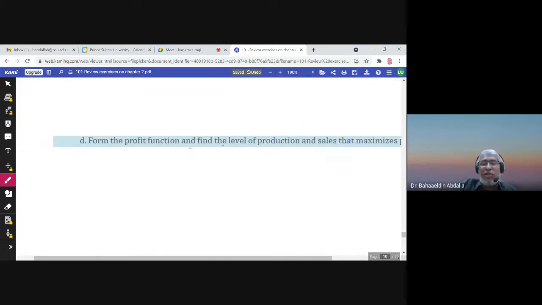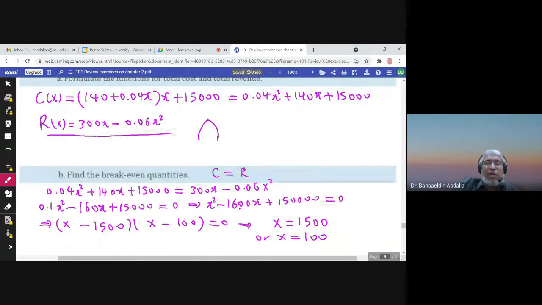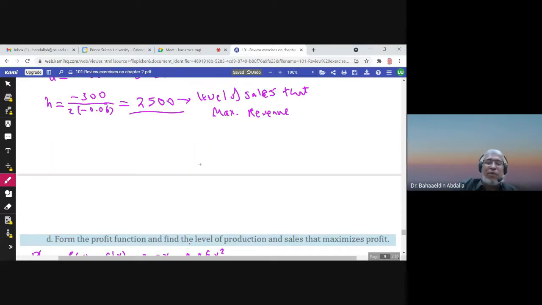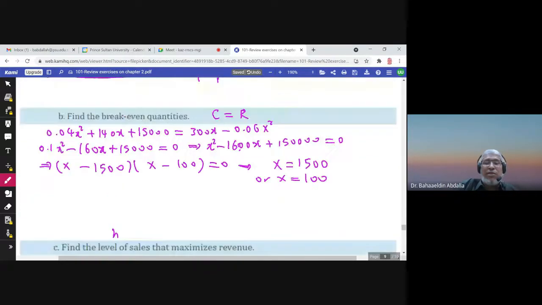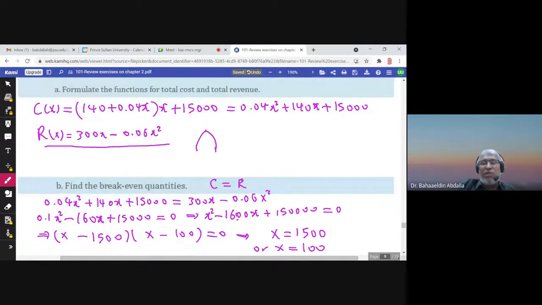Form the profit function. The profit function is R, the revenue, minus the cost. So the revenue is 300x minus 0.06x squared, minus the cost function.